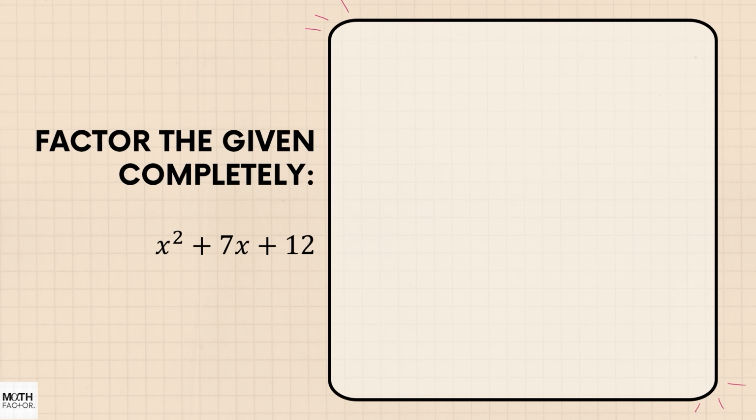Another given, we have x squared plus 7x plus 12. Again, we need to look for the factors of the last term that, if we multiply the two factors, the sum would be the middle term. So let's try. The factors of 12 can be expressed as 6 times 2. If we add these two factors, 6 plus 2, it will give us 8, and 8 didn't match our middle term.